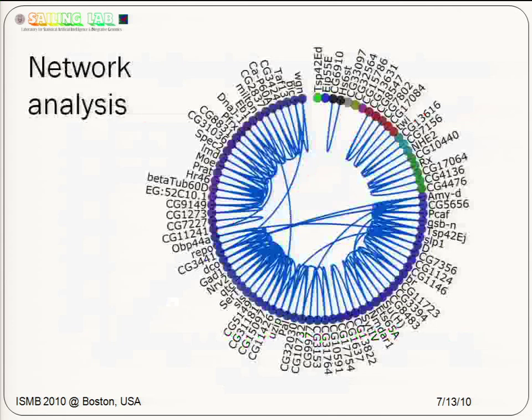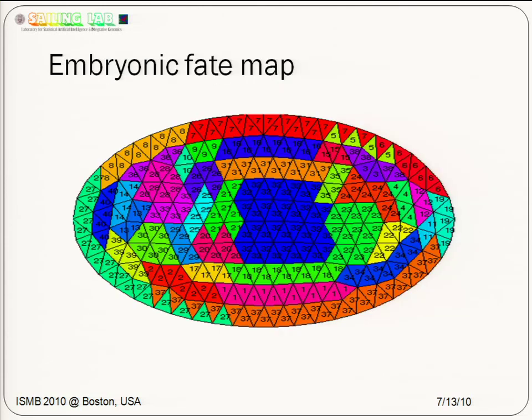We do the kind of network analysis, and we take this particular network from a particular cluster. And the other nice thing is, in a cluster, the embryos separately.